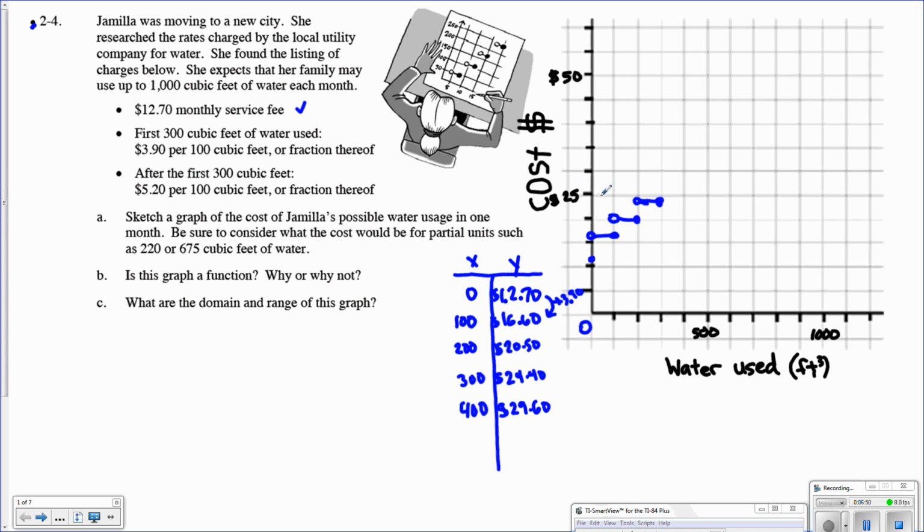So this is 25, so all the way up here, jumps up a little bit higher. We've already got our cost for 300, but anything above 300 all the way over to 400. And then if they went above that, 500 here, anything from 400 to 500 is going to cost us another $5.20, which is going to be $34.80.